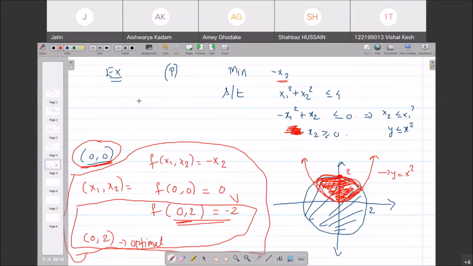Therefore, this example works as a counterexample to the converse of the theorem. Let's show that (0, 0) satisfies all four KKT conditions, though it is not optimal because the minimum value is -2, not 0.